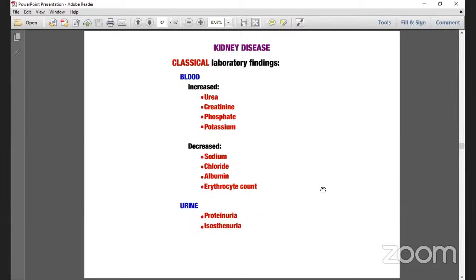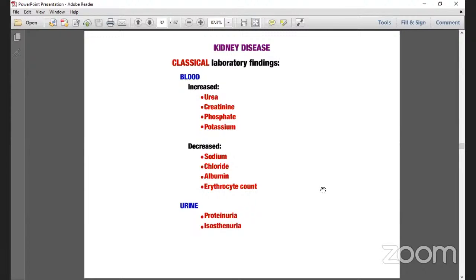For kidney disease, the classical laboratory findings we can observe are in the blood and the urine. Normally we can see high urea and creatinine. There will be high phosphate and potassium, hyperphosphatemia and hyperkalemia, because the body cannot filter out these metabolic products.